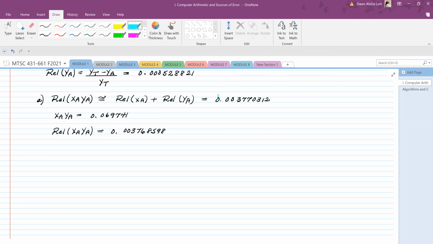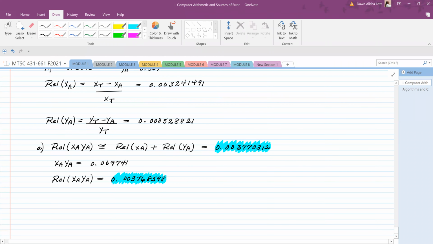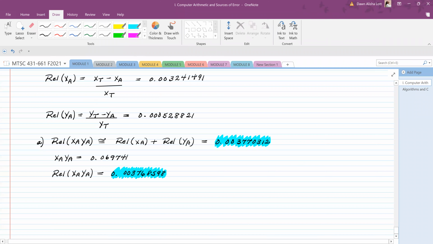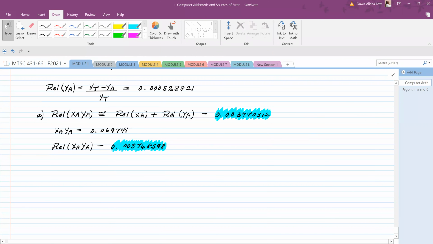Okay, so you can see this number is if you just take the sum of the relative errors in X approximate and Y approximate, and this one is if you actually compute the relative error in the product of those two. So what we get as an approximation is very, very close.